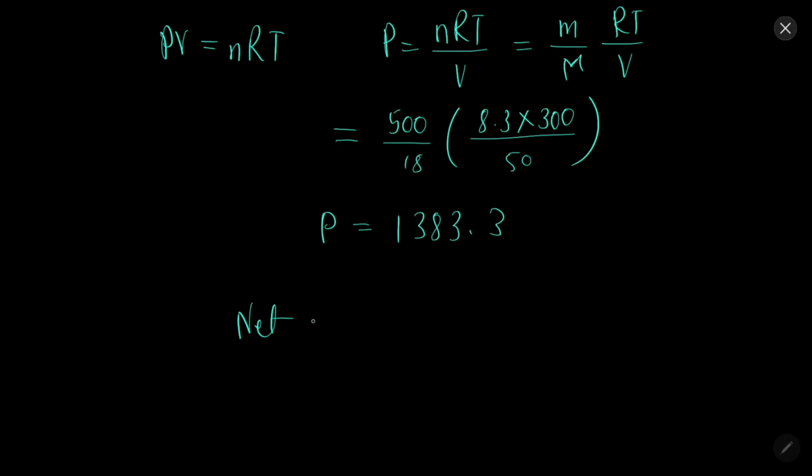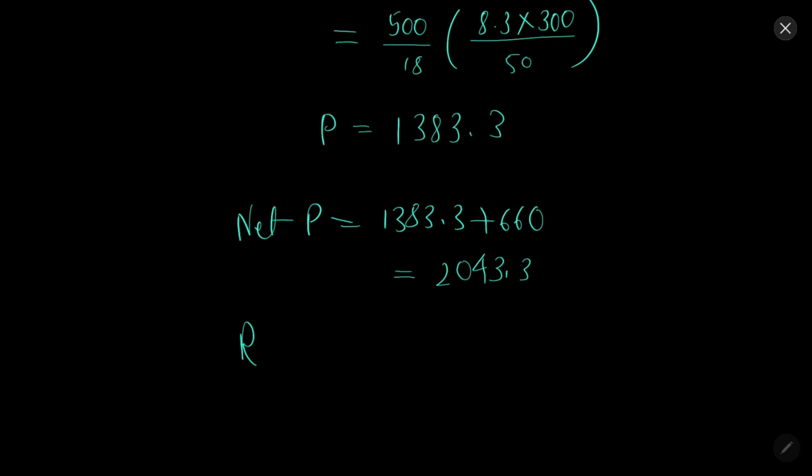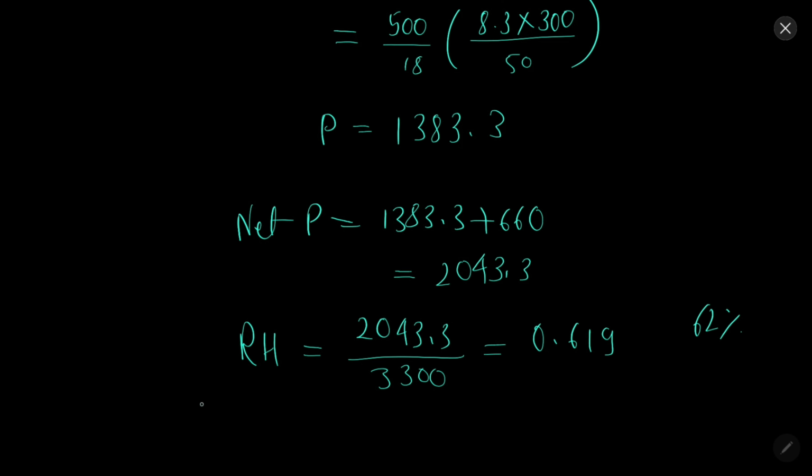So net pressure is 1383.3 plus 660, 2043.3. Relative humidity is 0.619, approximately 62%.